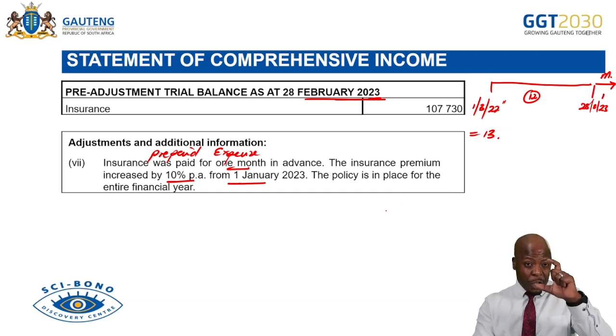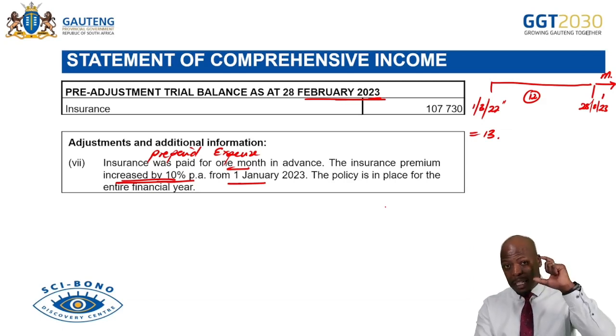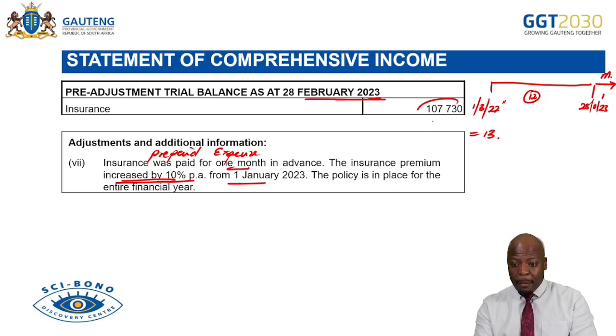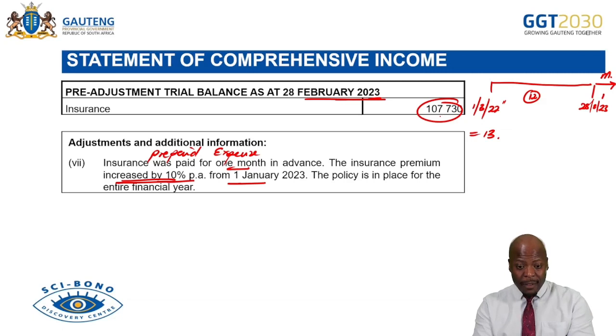It increased by 10% from the 1st of January. So we can't take this amount and divide it by 13 because not all the months were consistent. We need to see what we were having in certain months.